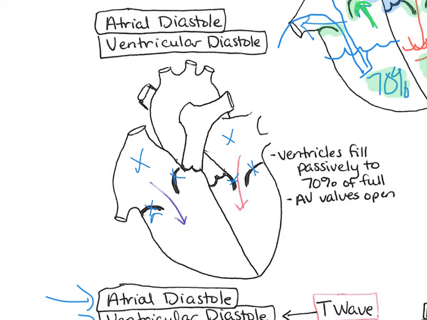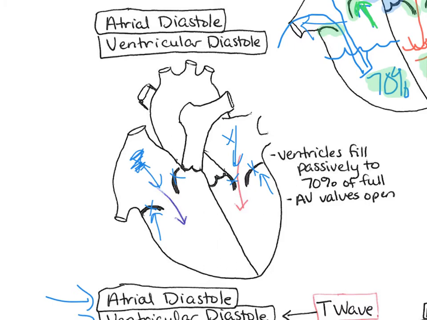So the tricuspid valve and the bicuspid valve now open up because there's enough pressure in the atria to push them open. And now we're kind of back to where we started, and we have this passive filling of blood.